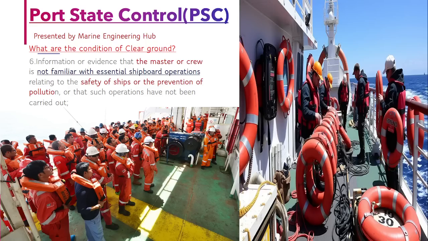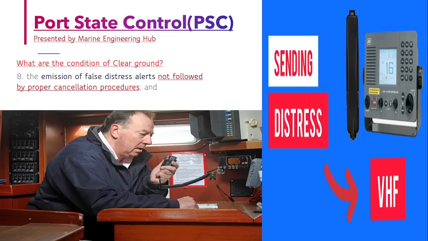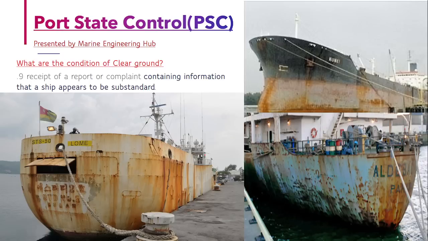The sixth is the crew not being familiar with the essential shipboard operation. The seventh is not being able to communicate. The eighth is not being able to cancel the distress signal. The ninth is the ship appearing substandard. So you should clearly remember these nine points, because they are asked in the examination, as to what are the clear grounds based on which you will have a more detailed inspection. You should be able to state these nine points.